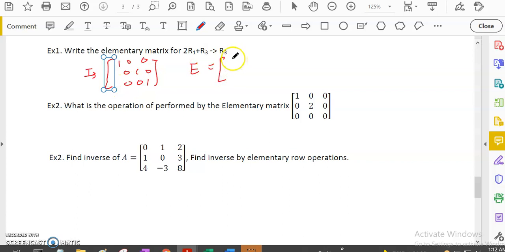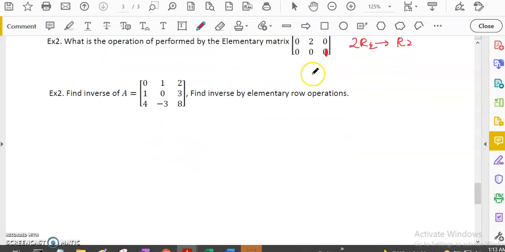So row 1 stays the same, row 2 stays the same, but row 3 becomes 2 times row 1 plus row 3, so I have 2, 0, 1. So what is the operation performed by this? This should be 1. So it was originally an elementary matrix, but I multiplied 2 in the middle. That means 2 times R1 plus R3 goes back into R3, right? So that is the corresponding operation.